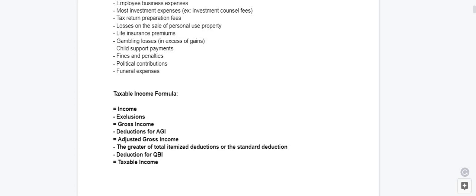But from that 50K gross income, you get to take deductions, including the deductions for AGI, the standard deduction or itemized deduction, and other deductions. So that's the difference between the two, is that you have to take deductions from gross income in reaching taxable income.